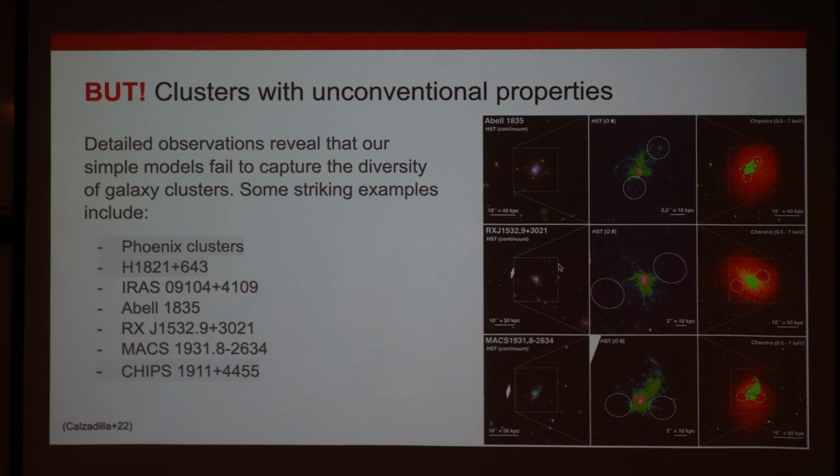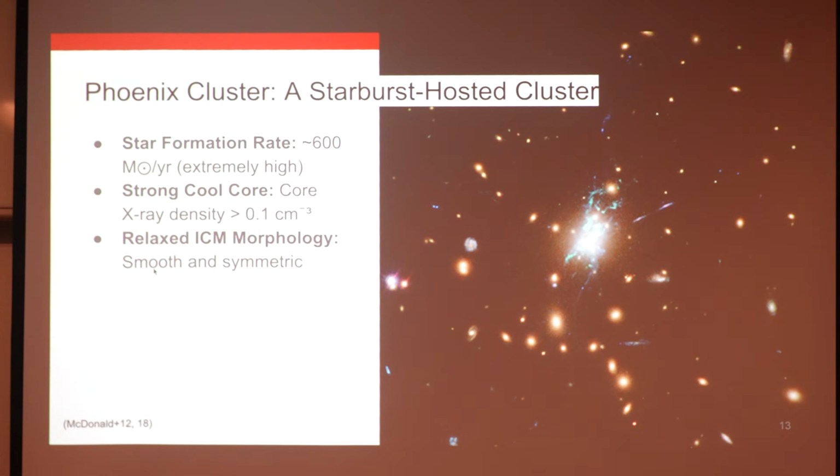So let me introduce two of the famous galaxy clusters, which are Phoenix and H1821. Phoenix cluster is a starburst-hosting cluster. When I say starburst, I'm saying the star formation rate is 600 solar masses per year. We were talking about 1, 2, 3, 4 solar masses per year.